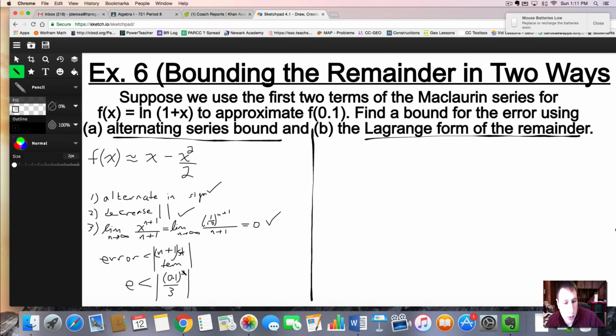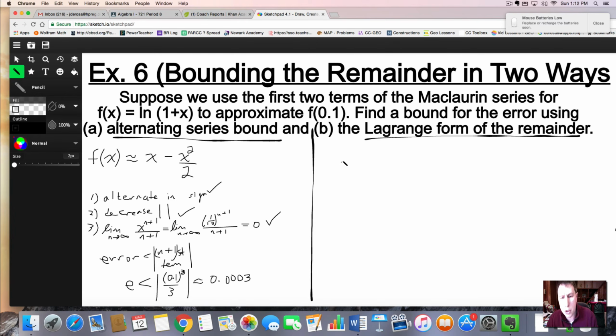We don't know exactly what the error is here, but we know that whatever the error is, it's going to be less than 0.1 to the third power over 3, which is equal to about, if you use your calculator, 0.0003. So we don't know what the error is, but we know it's that good. It's really good here. It's going to be exact out to 1, 2, 3 decimal places, and then there might be a little bit of error after that. But that's pretty good. So that's what this formula says.